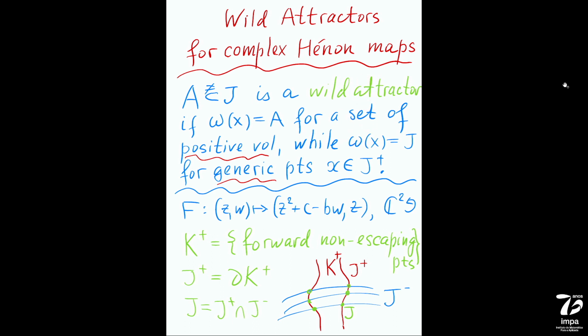But anyway, in this J plus, positive volume is pulled towards the odometer, and generic points topologically are pulled towards the bigger transitive set, which is called J. That is the situation called in our field the wild attractor situation, and that is what can be observed in the complex Henon family.